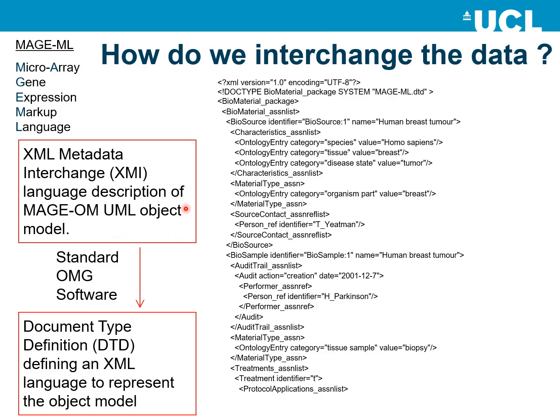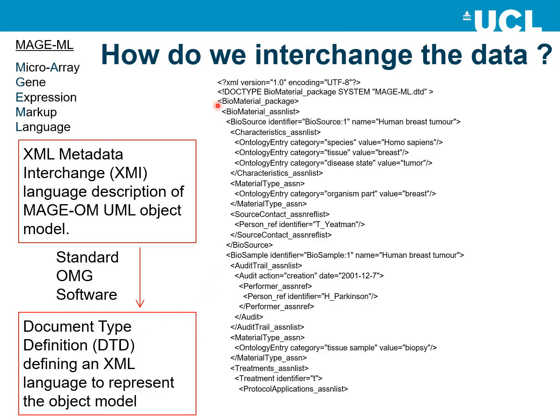By doing that, they could then process this XMI file using the standard Object Modeling Group software and turn it into a representation of the data model as XML language, given as a document type definition.